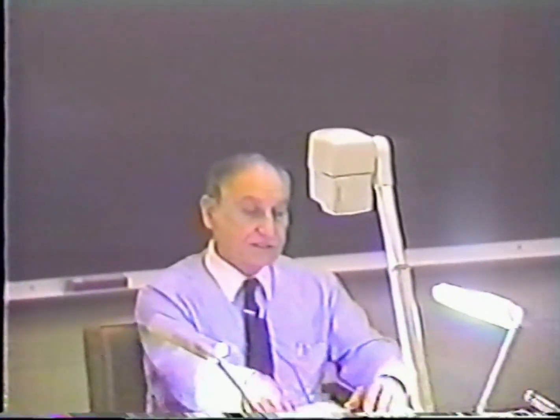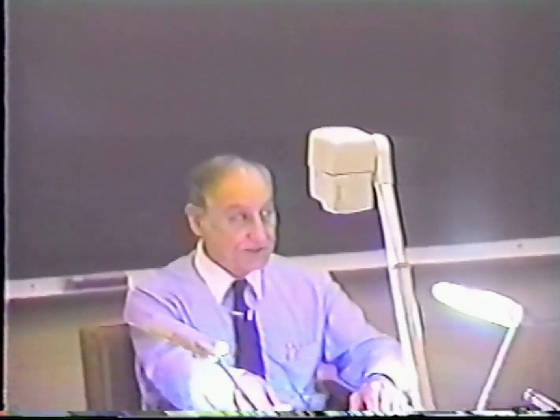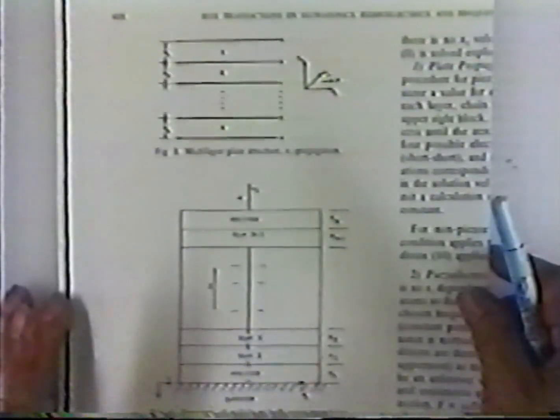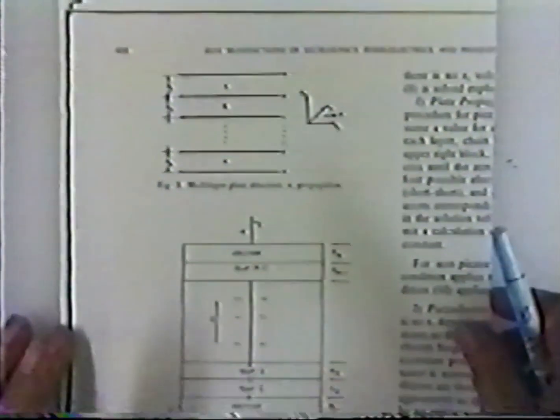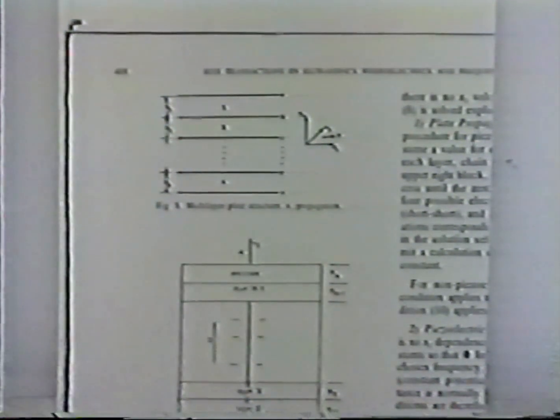Now, what I want to look at today is some layered situations. This is in one of the references that was handed out, one of the papers, and the top picture that's in view now is just a multi-layer stack.